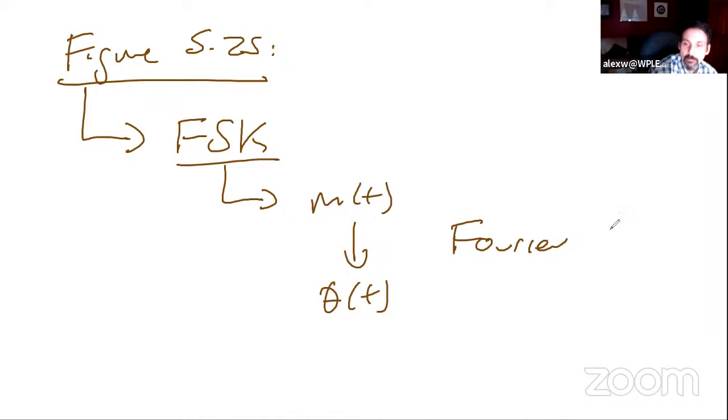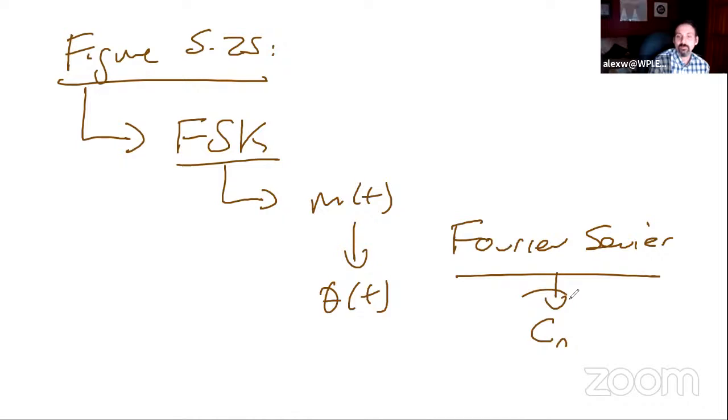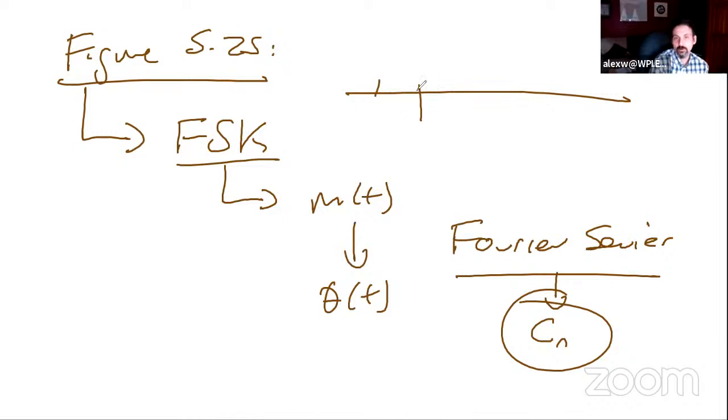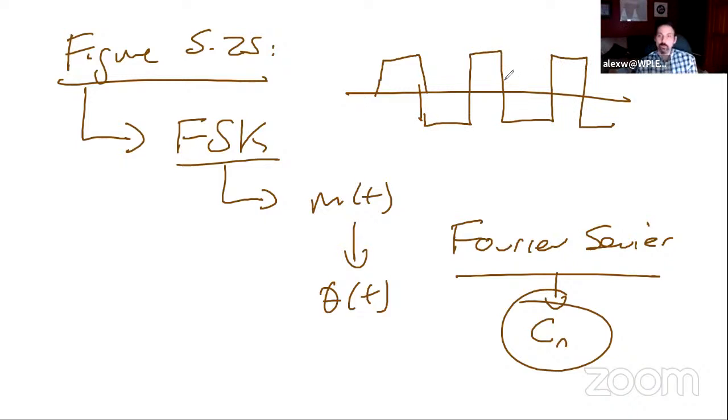What ends up happening with the Fourier series representation is that we know what the expression looks like, but we need to figure out what the Fourier series coefficient is, if we have something periodic like that rectangular representation for m of t. That way we can figure out what this looks like spectrally.